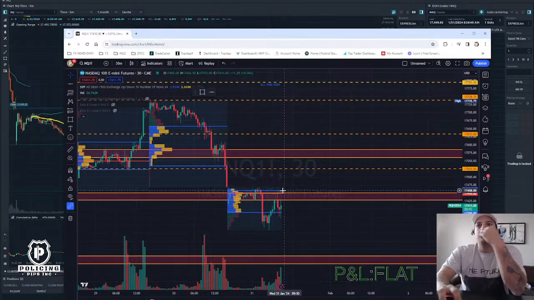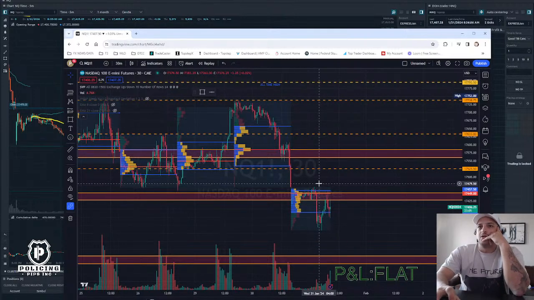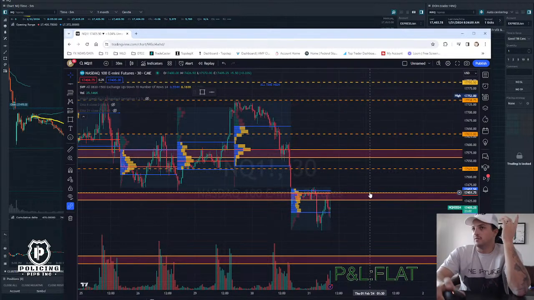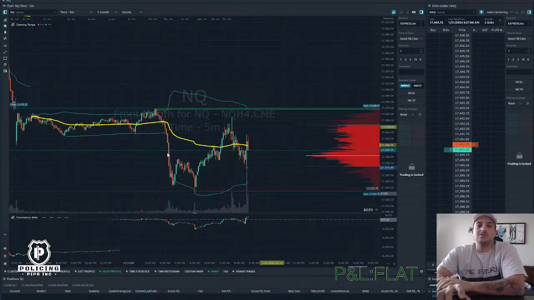So if we break above and hold this zone here, look to rotate and clean up some of that selling from yesterday so that on the Fed release, they can do whatever they want with it. Until then, we got to just be patient. Anything that holds down below this zone, like I said, could continue to rotate to the downside.